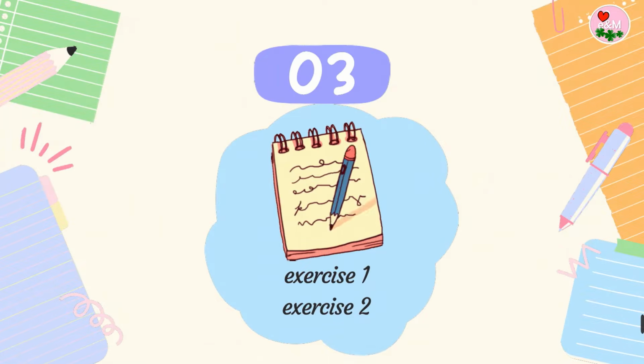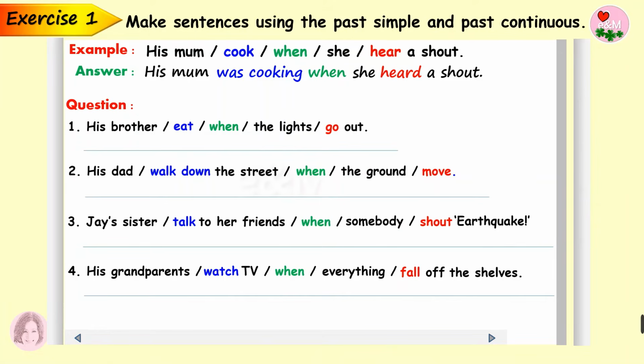Part 3. Time for exercise 1 and 2. Exercise 1. Make sentences using the past simple and past continuous. There are 4 questions here. Look at this example. We are given: his mom cook when she hear a shout. Remember, the word when is followed by the short action that is in the past simple.